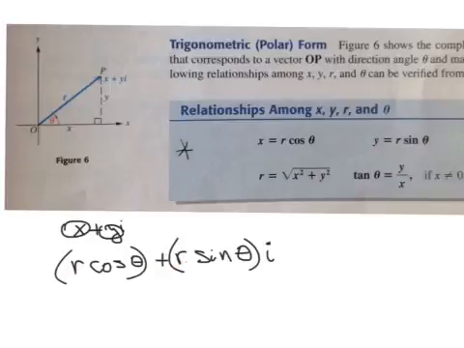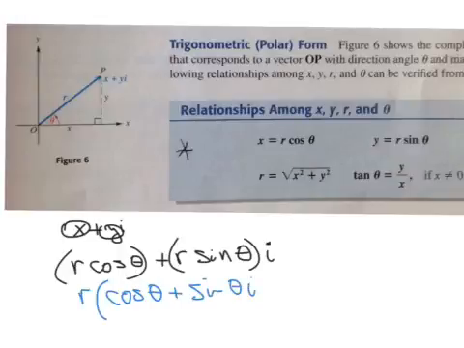We have an r here and an r here, so I'm going to factor out the r. Really, all I'm doing is coming up with a formula. Alright, so I'm going to factor out an r, and that leaves the cosine of theta plus sine of theta i, but they don't write it this way.